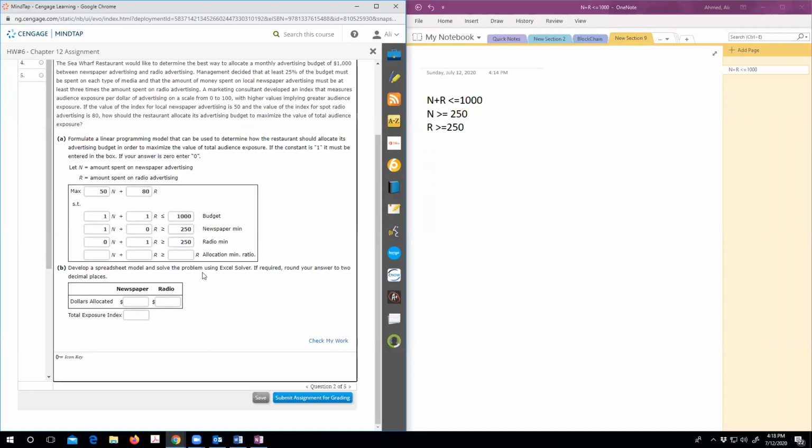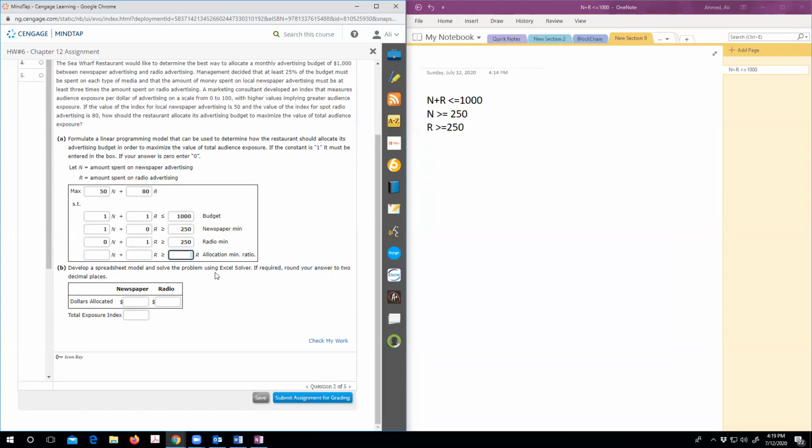And then the third one is an always constraint, like N plus R should be greater than 0. Oh no, this is not that constraint. I think this is the allocation minimum ratio. I thought this was the general constraint, which is always there, that we have to use some of them.